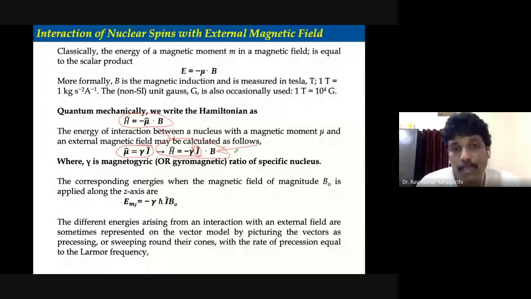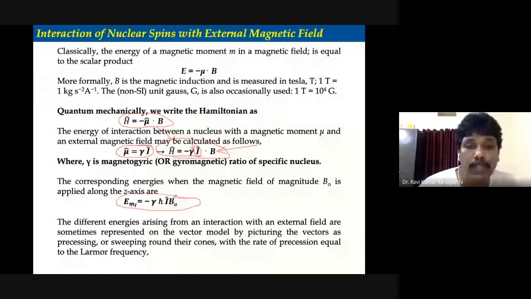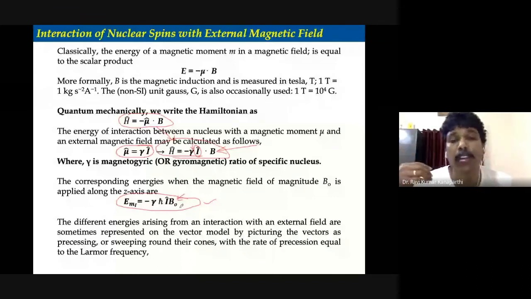Once you have this Hamiltonian, you can substitute it in the Schrodinger wave equation of the system and try to solve it. We will not do that, but take the result from what has already been solved and proceed from this expression onwards. The energy expression, or eigenvalue expression, is given by E_mI equal to minus gamma h cross mI B0, where B0 is the external magnetic field in which you are keeping your atomic nuclei.